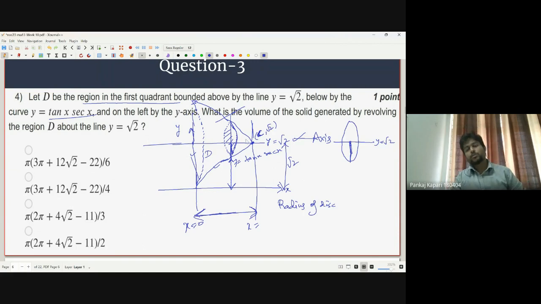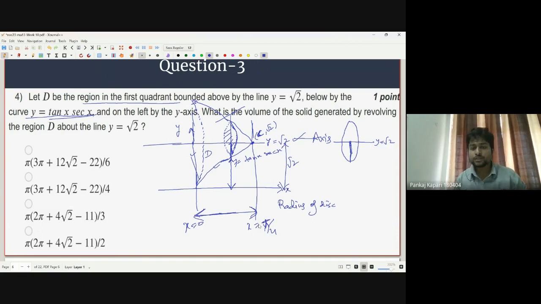Okay, so what do you put as x input so that you get root 2 out of this curve? So you can see that if you put x equal to pi by 4, at pi by 4, 10x is 1. And sec x is just the inverse of cos. So that means 10 cos pi by 4, which is 1 by root 2. So this will be root 2, right? So at x equal to pi by 4, you get your root 2.